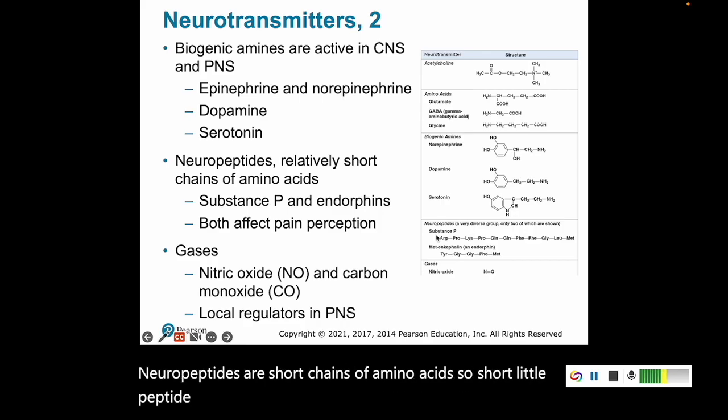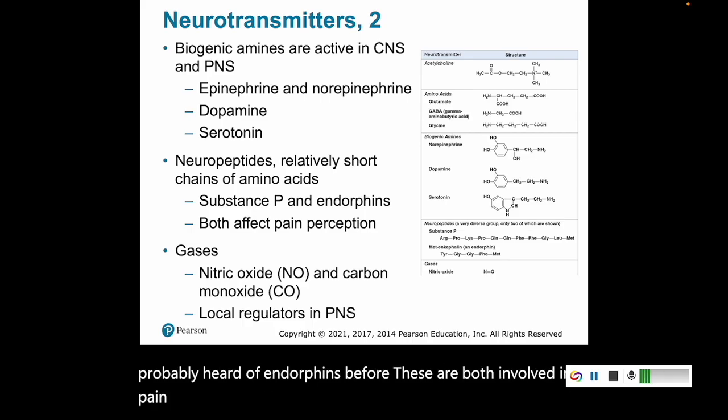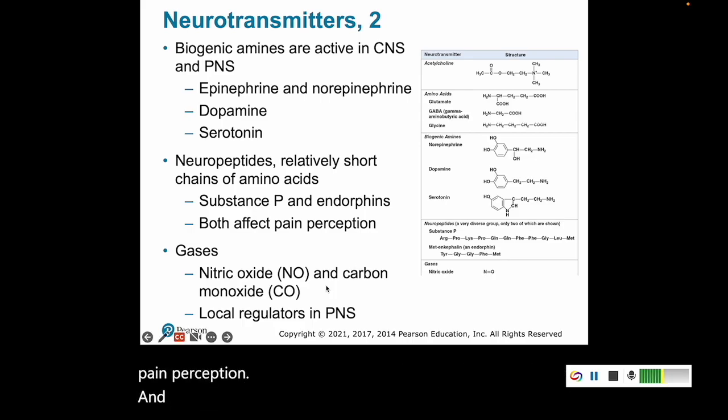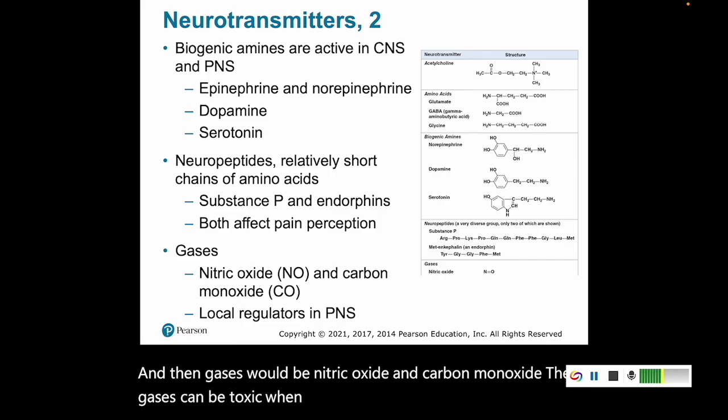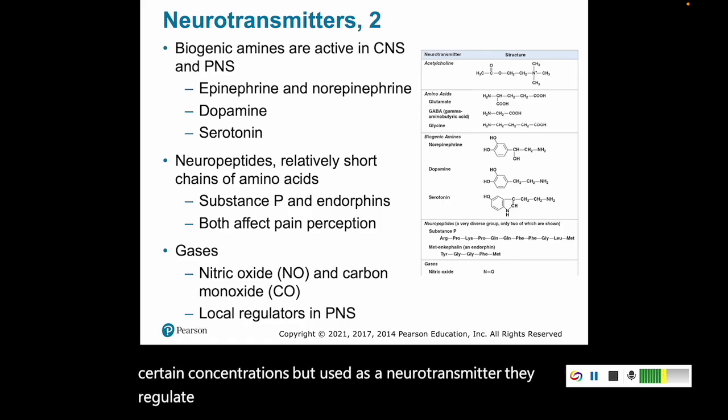This includes substance P and endorphins. You've probably heard of endorphins before. These are both involved in pain perception. And then gases would be nitric oxide and carbon monoxide. These gases can be toxic when they work on other parts of your body at certain concentrations, but used as a neurotransmitter, they regulate local regions in your peripheral nervous system.